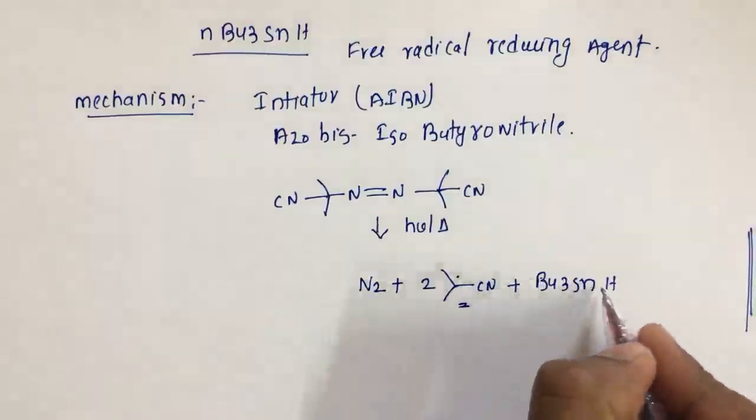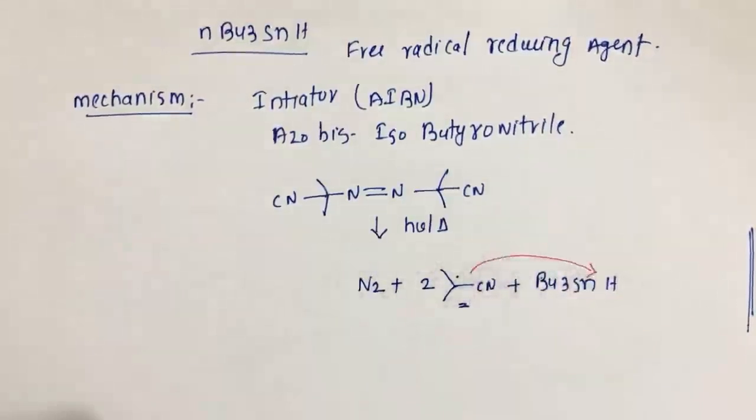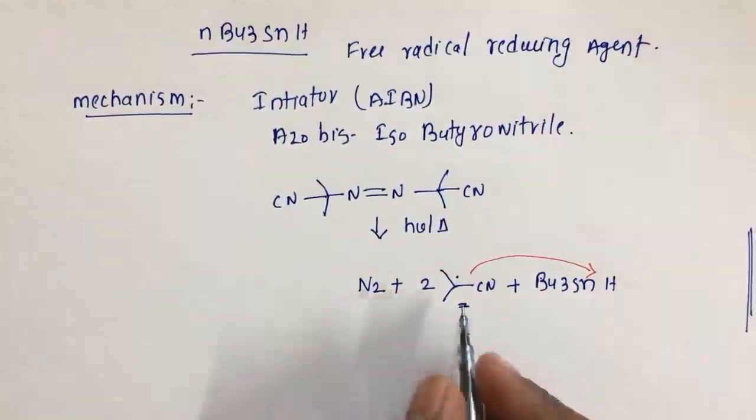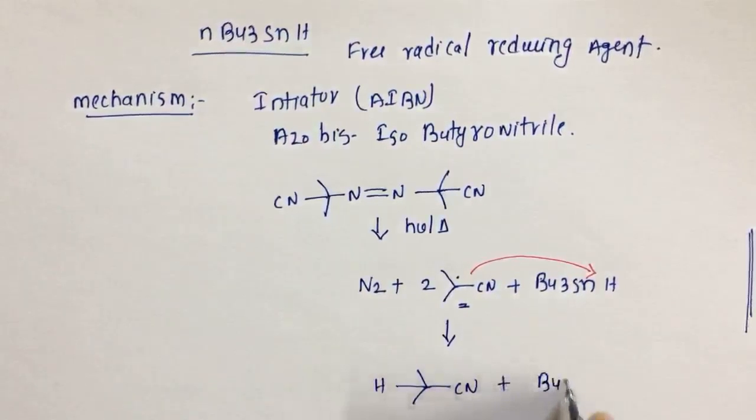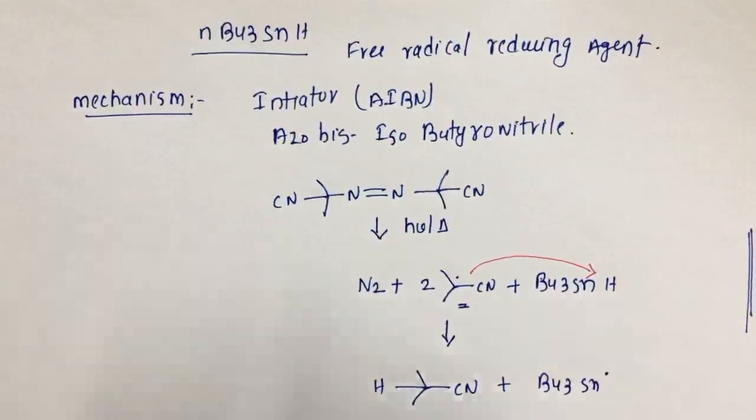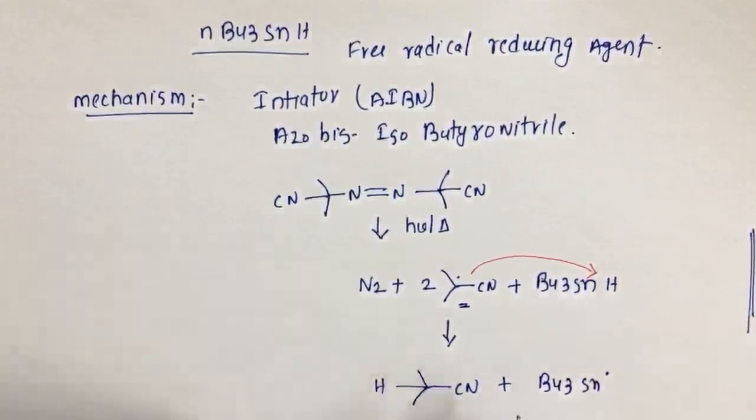This free radical abstracts this proton, so now it becomes CN, here hydrogen, plus Bu3Sn radical.